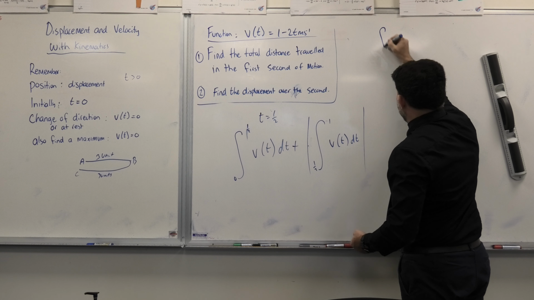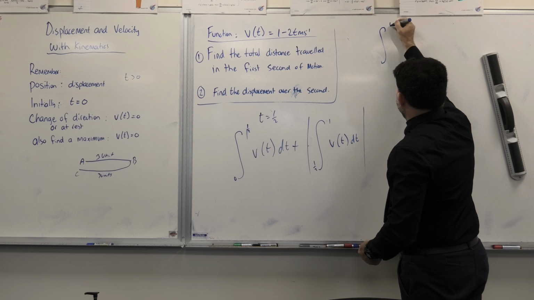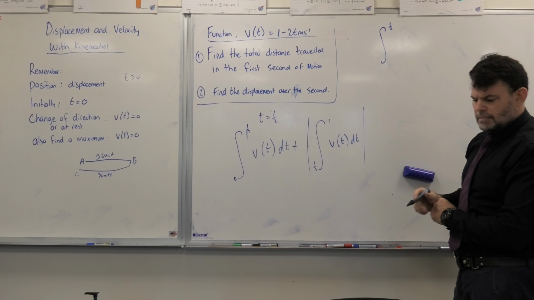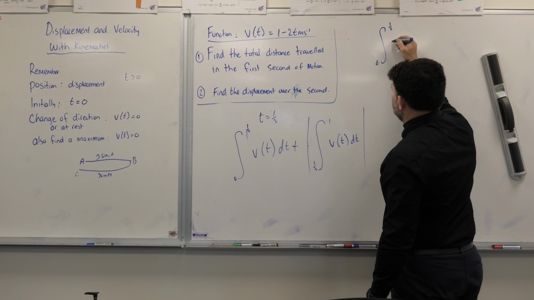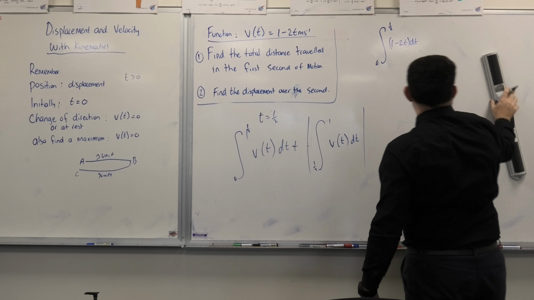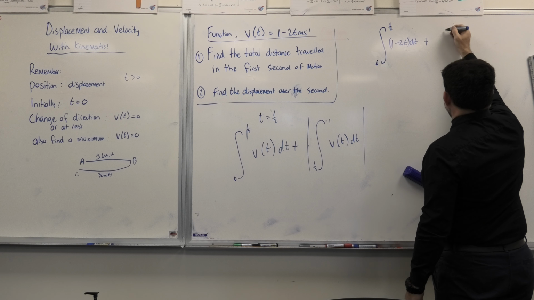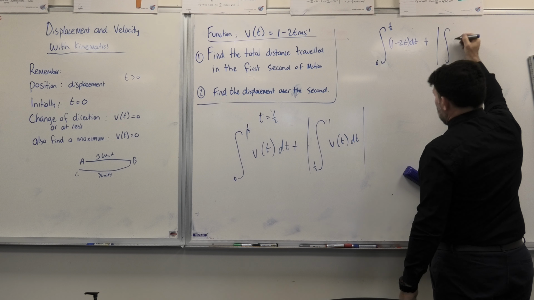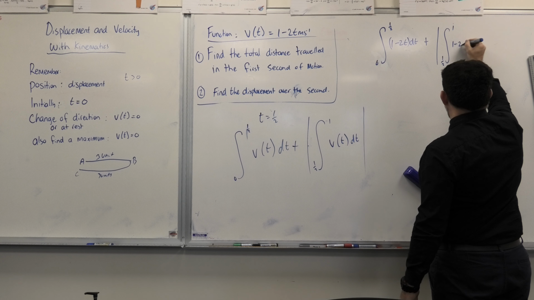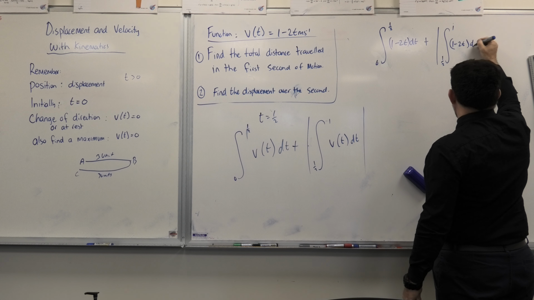So let's look at the algebra and see if we do get that answer. We've got 1/2 to 0, wasn't it? Yep, 1/2 to 0, 1 minus 2t dt, plus the absolute value of 1 to 1/2, 1 minus 2t dt.